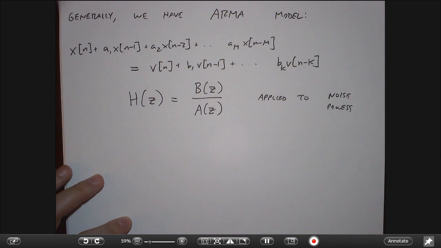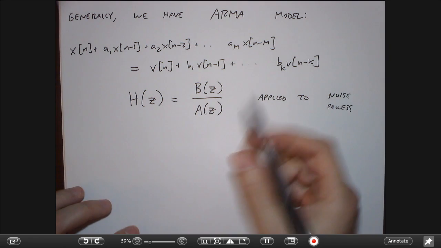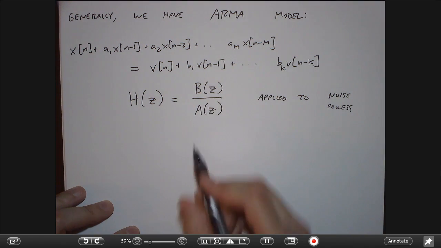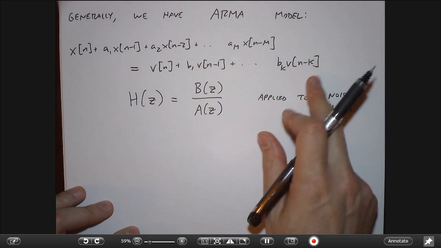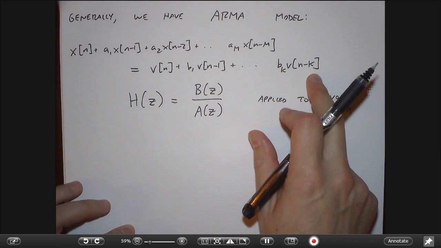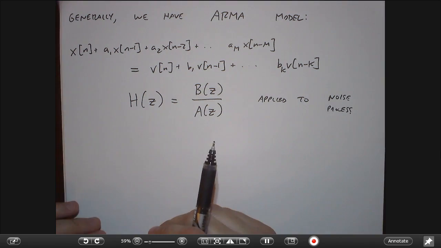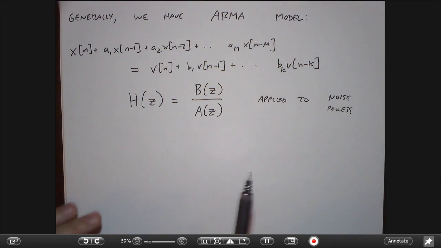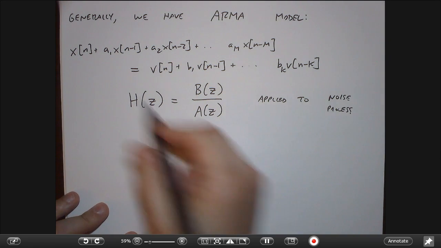In general, AR processes are widely used, and if you want, you can also include the MA part, which says that instead of operating directly on noise, I could operate on smoothed noise, for example, to get a smoother process. Let's talk about just the AR process.